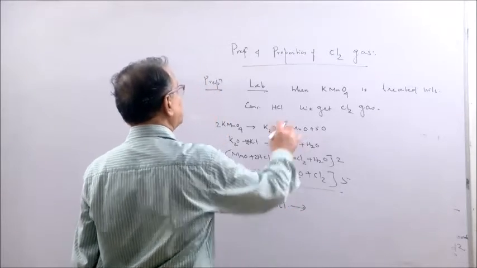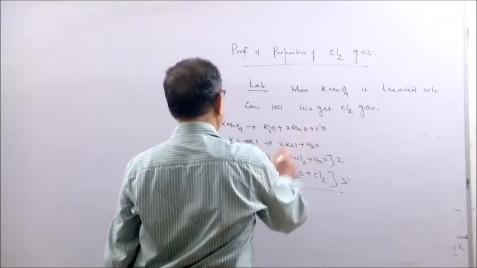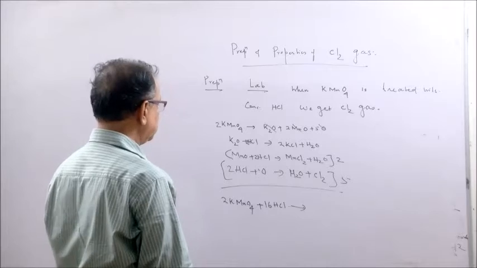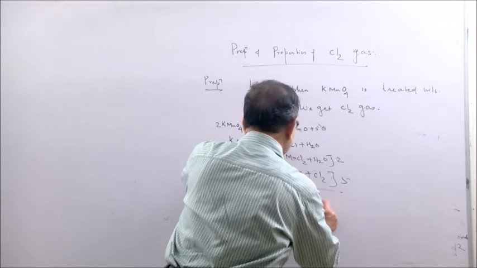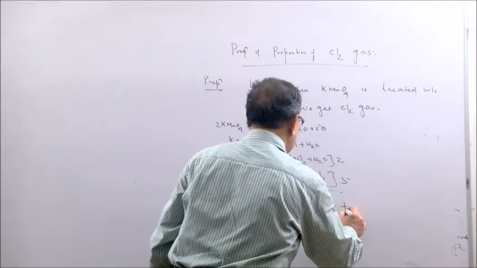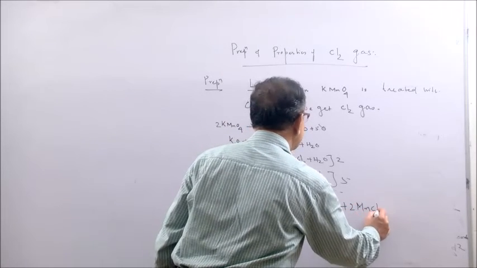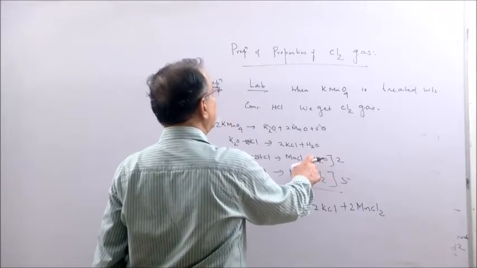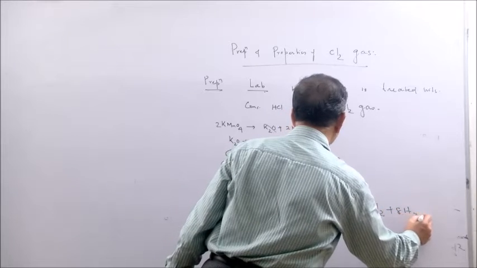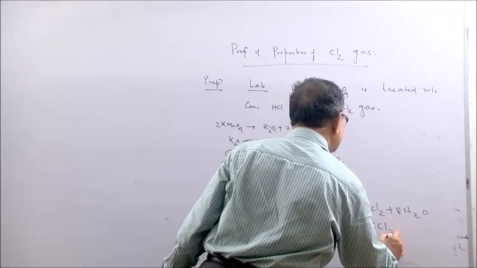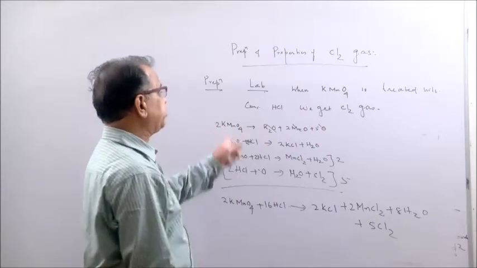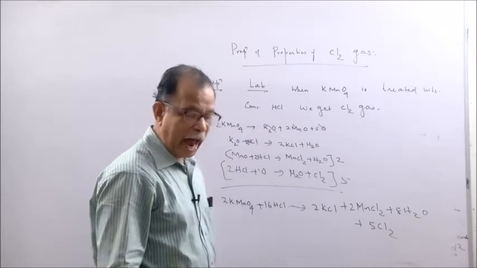Adding everything, we get 2KCl plus 2MnCl2 plus 8H2O plus 5Cl2. So this is the balanced equation by this method, but nowadays we are using the ionic equation method.